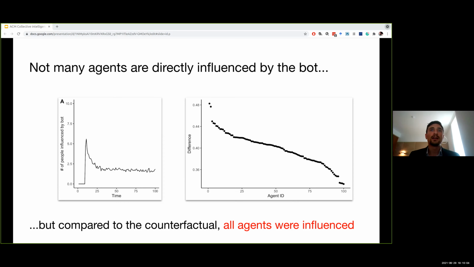So currently we are trying to disentangle what better explains this variation that we observe, whether it is the indirect influence of the bot via the recommender system or via other intermediary human agents. So in the meantime, stay tuned, and we will upload our preprint very soon.